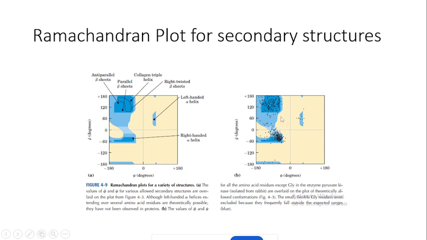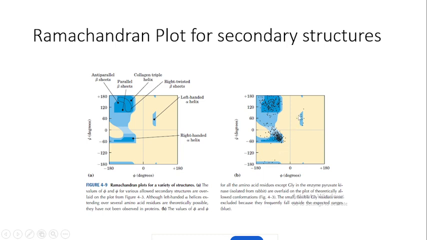Right? And in figure B, you can see that this is a Ramachandran plot of an enzyme pyruvate kinase from rabbit. So they have plotted each of the amino acids of the pyruvate kinase in the Ramachandran plot, and we can see that each of the amino acids are falling within the allowed region, blue region.